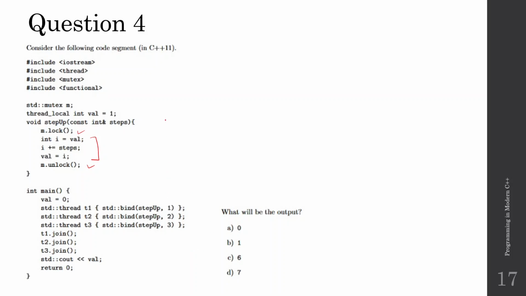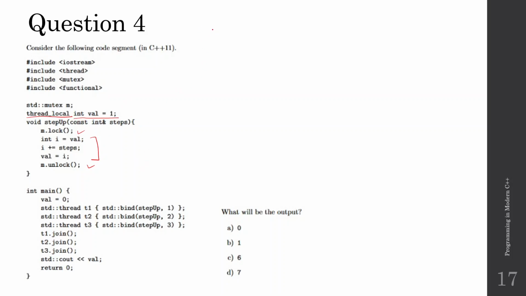But there is a problem here. We are declaring a variable int val, but we are also making it thread local. Thread local means that although this variable is written in the global scope, all of the threads will have their own individual copies.